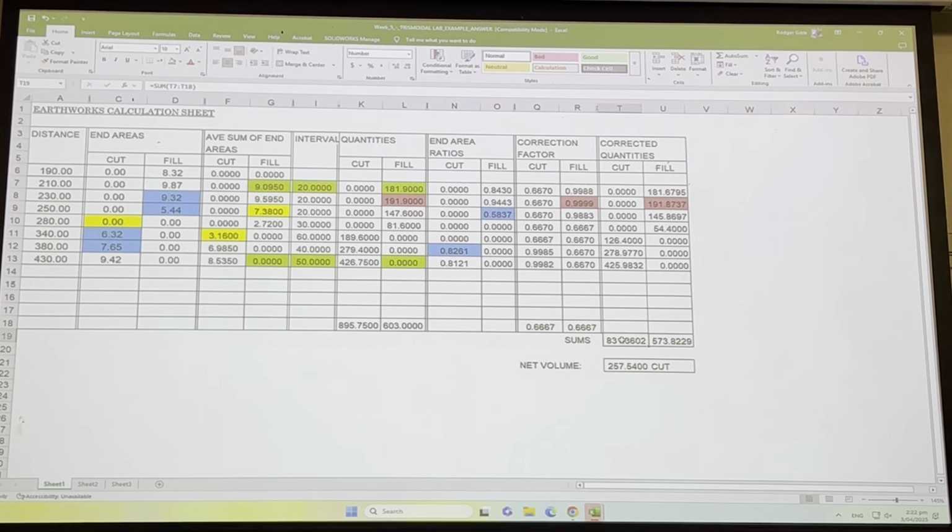So that's the difference the Prism calculation sheet makes between the old fashioned way of doing it and the more accurate way of doing it. So there is, if that was in cubic meters, that's a lot of cubic meters difference.